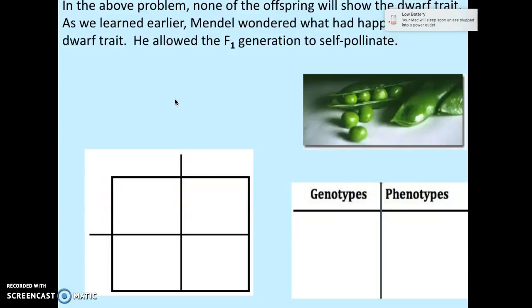They were all tall. As we learned earlier, he wondered what's going to happen if he allows that F1 generation to self-pollinate. So take just a sec, think about what your Punnett square is going to look like if you allow those to self-pollinate. So by taking 2 members of that F1 generation and crossing them.